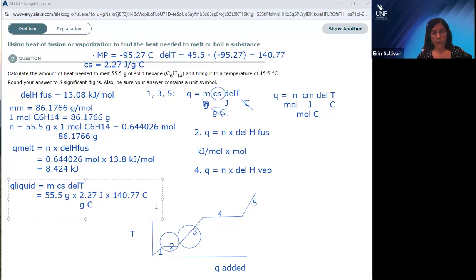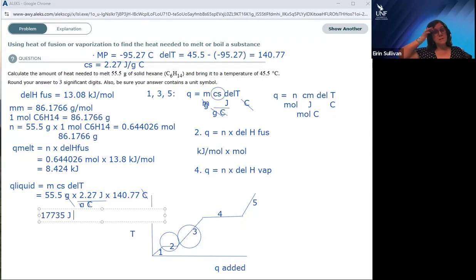Unit-wise, Celsius is going to cancel, and grams is going to cancel, leaving me with a number in joules. That's 55.5 times 2.27 times 140.77, so 17735 is probably enough joules.